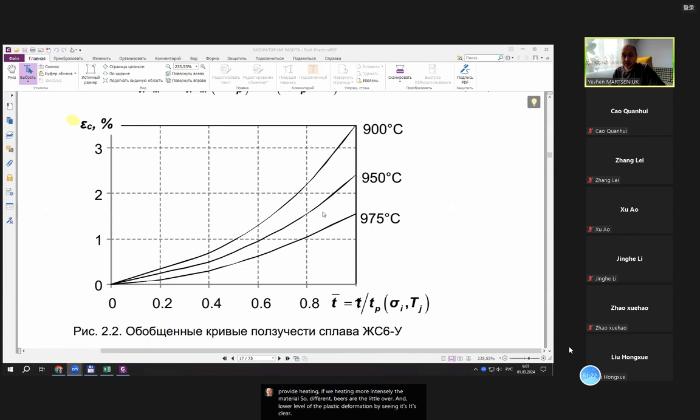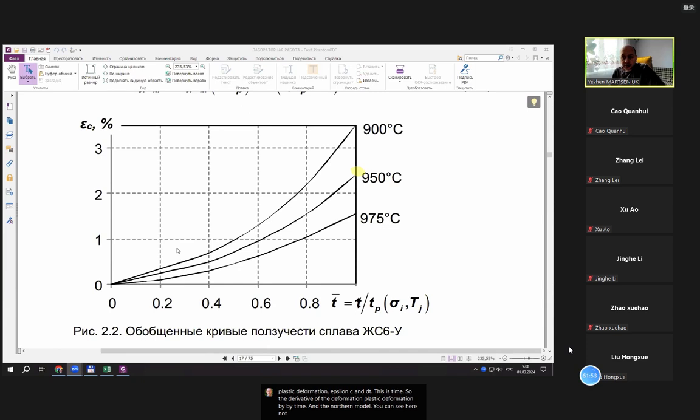Creep velocity is described like d epsilon by dt. Epsilon c is the plastic deformation, and dt is time. So it is the derivative of the plastic deformation by time. And the Norton model you can see here.